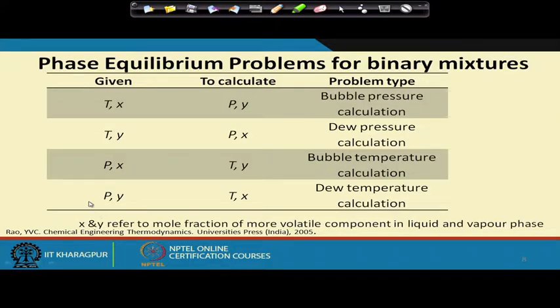So, these are the 4 ways that we can vary the 2 variables, and accordingly if we vary the 2, the other 2 have to be calculated accordingly. So, before we do a number of problems, the next thing which I would like to discuss are some phase diagrams for binary mixtures.